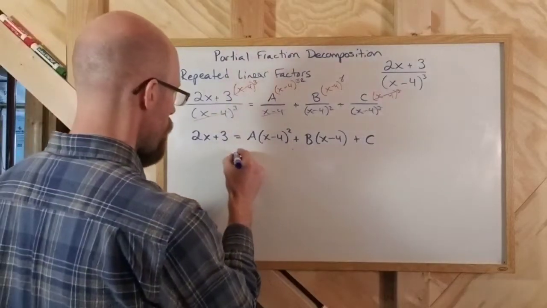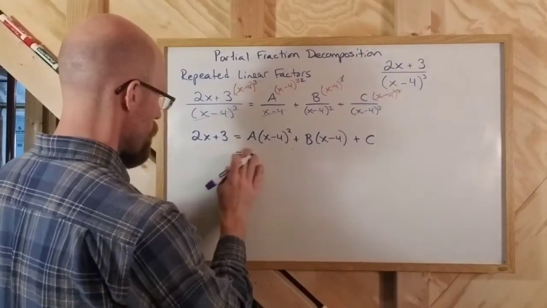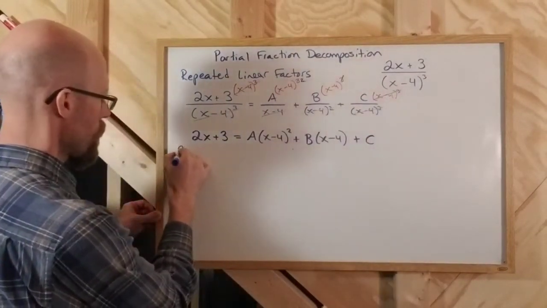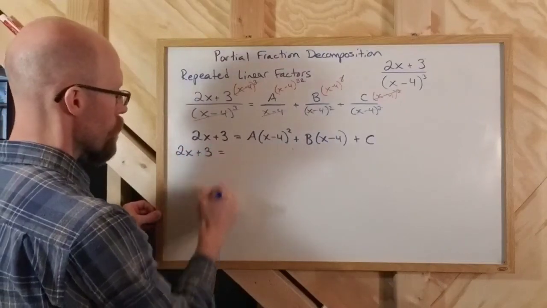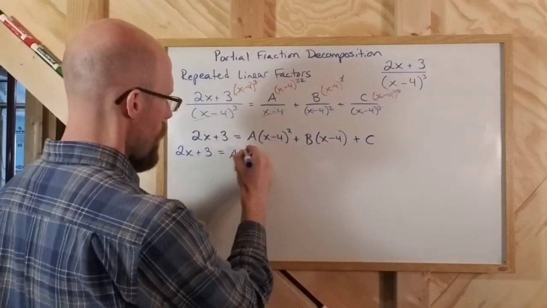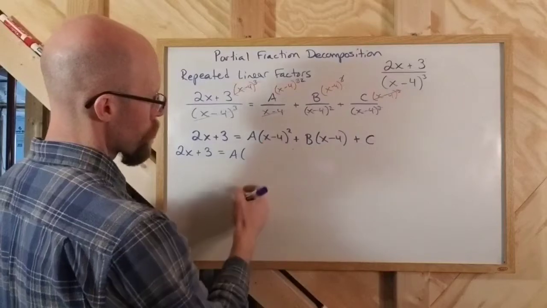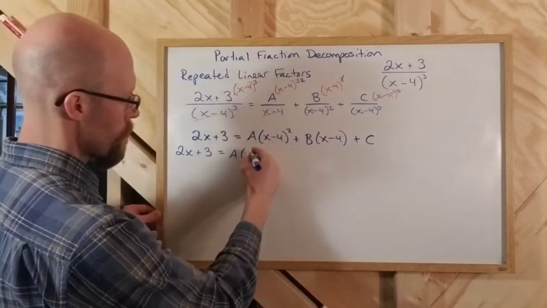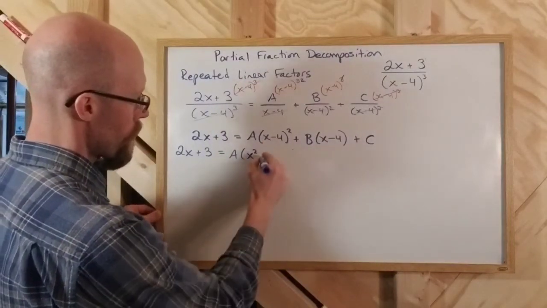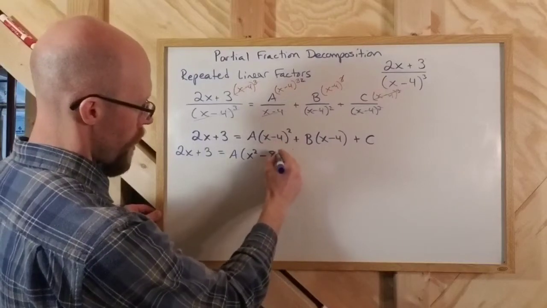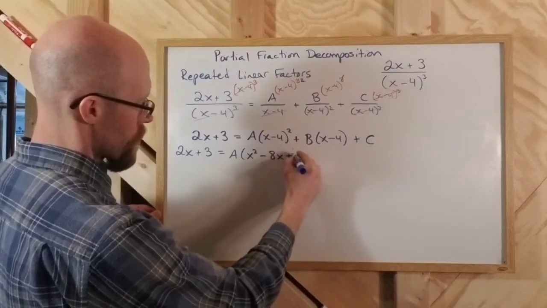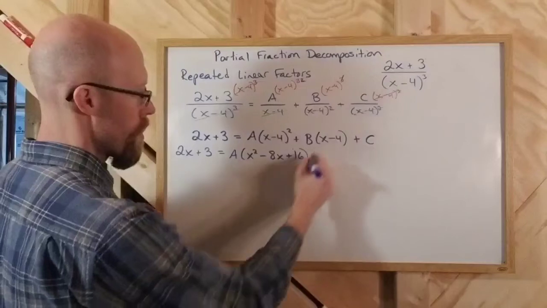So here on the right side, I'm going to expand this. 2x plus 3 equals A times x minus 4 squared. If I use my perfect square trinomial formula, it's the first term squared minus double their product plus the last term squared.